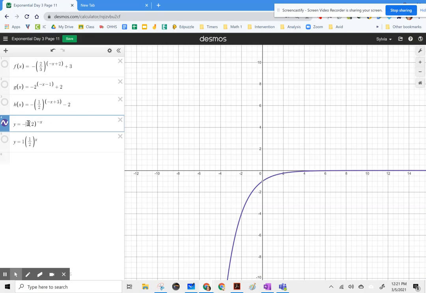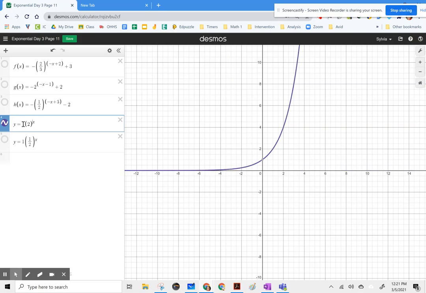So this is what it looks like with no reflections, okay? This is what it looks like with one reflection. With growth, I do one reflection, I have decay.